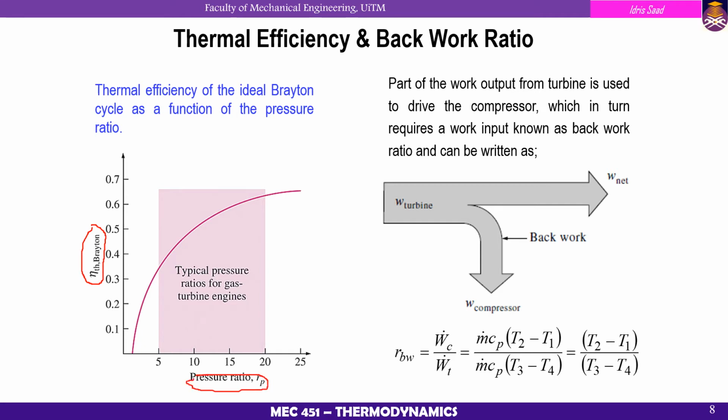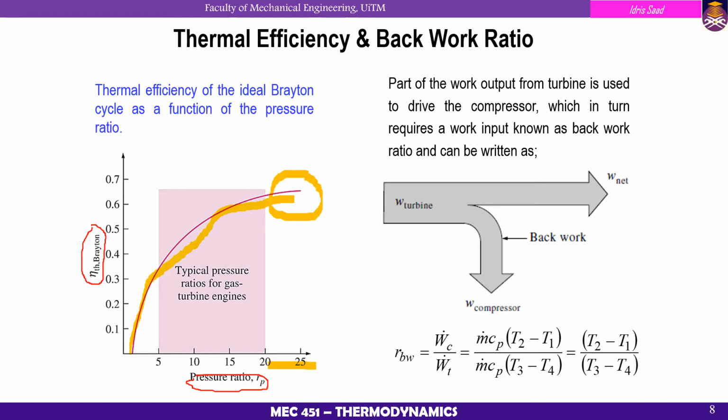As you increase the pressure ratio, the thermal efficiency of the Brayton cycle also increases. However, the benefit of increasing the pressure ratio reduces after some point. If you increase the pressure ratio to more than 20, the increment basically is going to plateau.